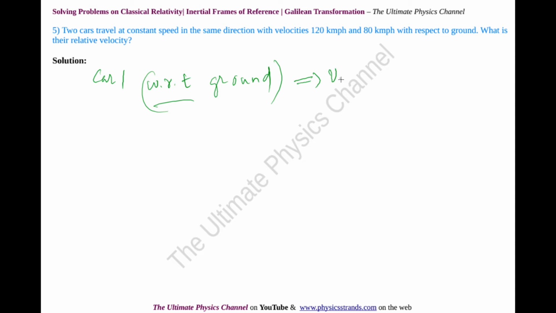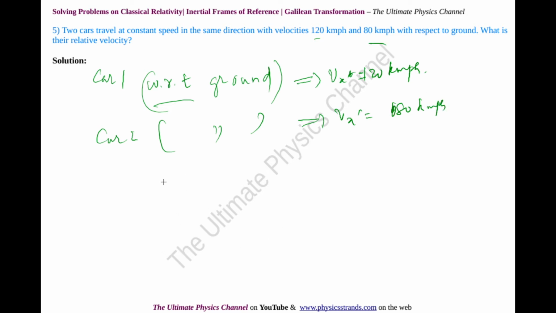Let us call that Vx, given as 120 kilometers per hour. Now car 2 is another frame of reference. With respect to ground, its velocity is Vx prime, equal to 80 kilometers per hour.